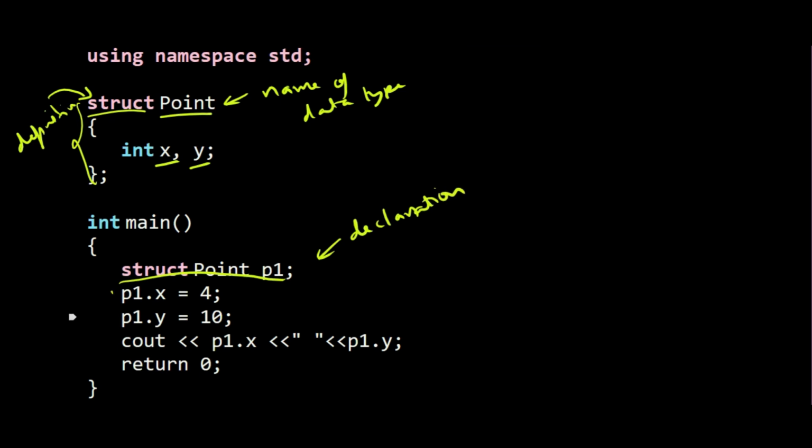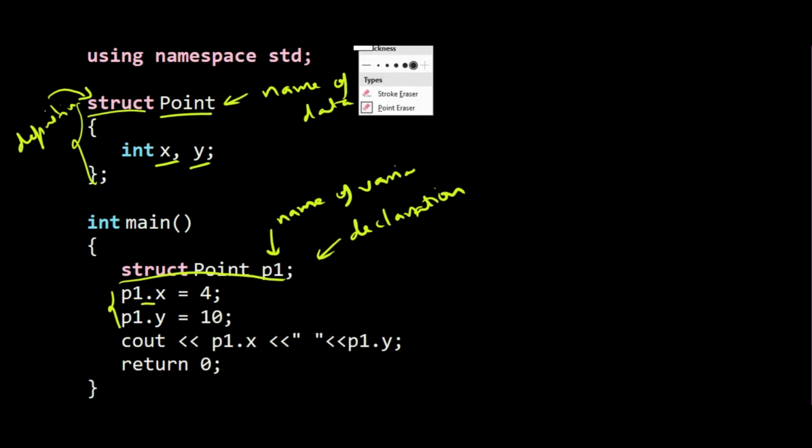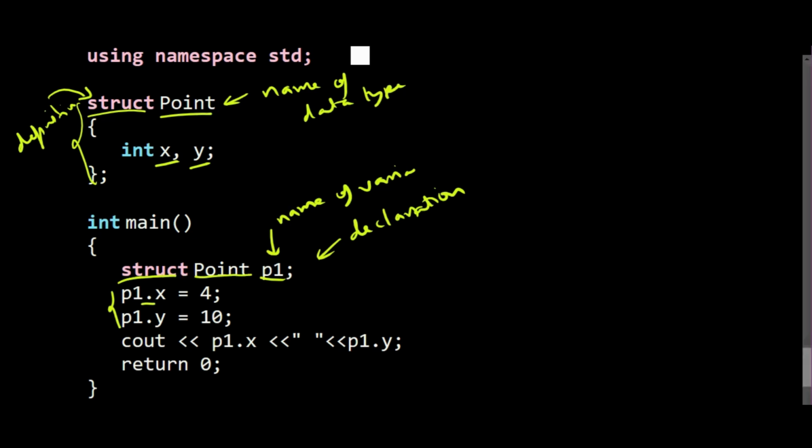And then we are initializing the values in our structure. We can access the structure members using the dot operator. Suppose p1 is the name of the variable, and like any other normal data type, we first need to write the name of the data type. So here we are using struct point. In C++, we can skip this struct keyword and simply use point.